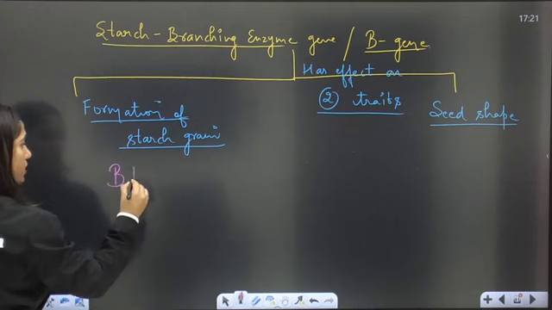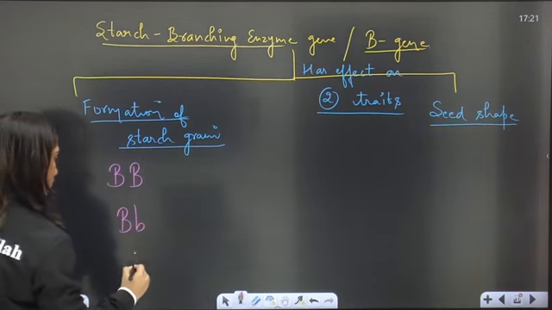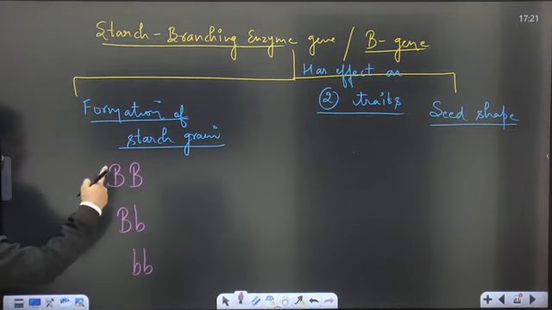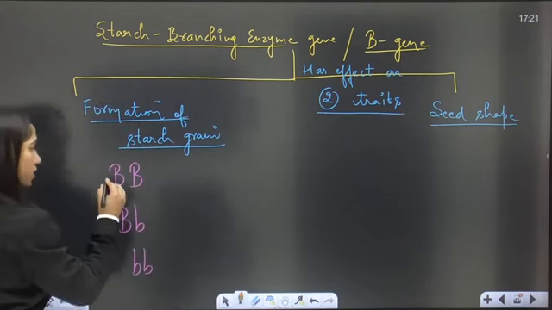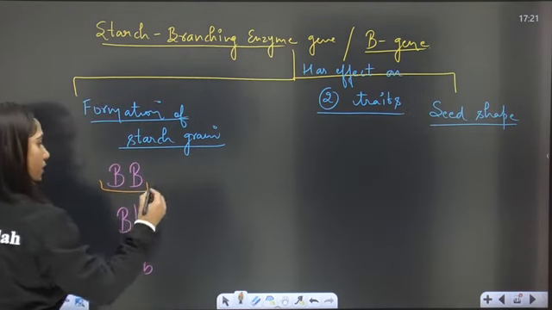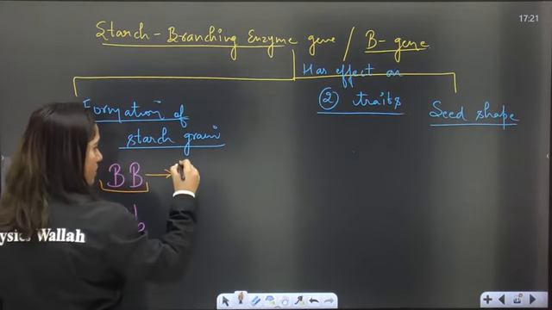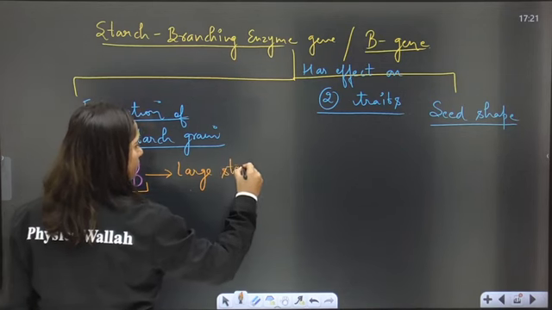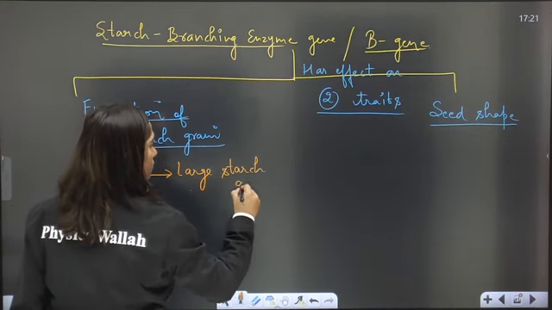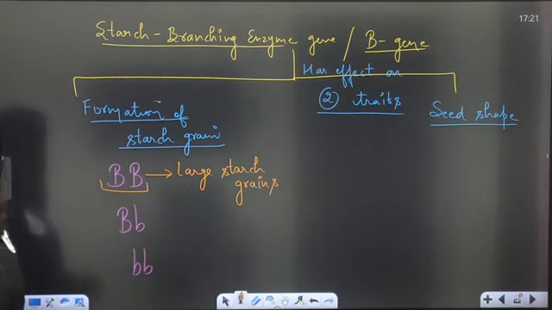If this gene is in this form, these are the three forms which are possible. If this gene is in the homozygous dominant form, then it will form starch grains with large size. So, large starch grains are formed.